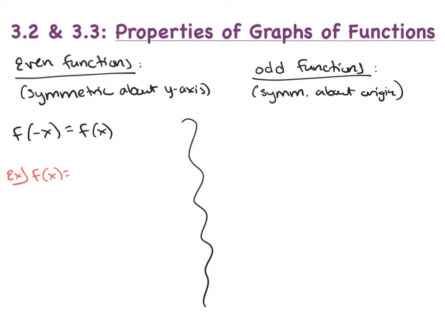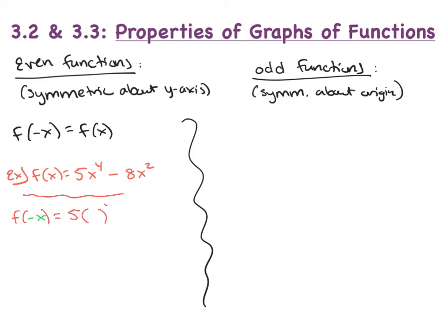So an example of an even function might be this. f of x equals, let's say, 5x to the 4th minus 8x squared. It gets the term even, by the way, from the even exponents. But watch what happens when we do this substitution. To check to see if it's even, we're going to replace x with negative x and see what happens.